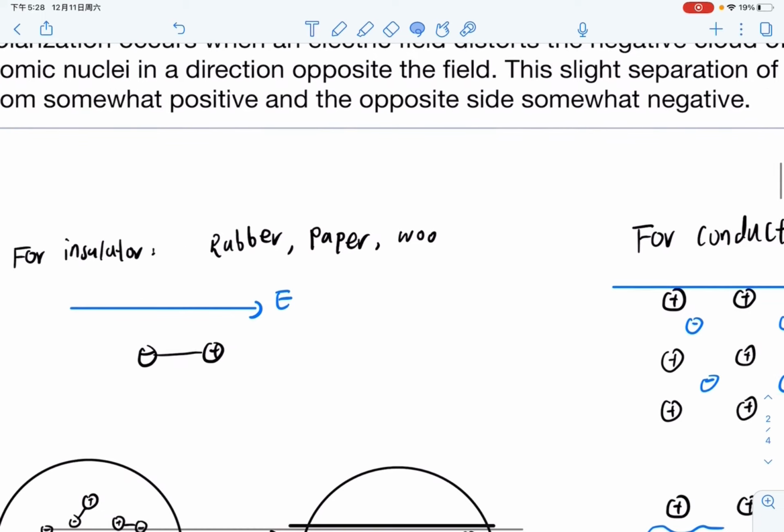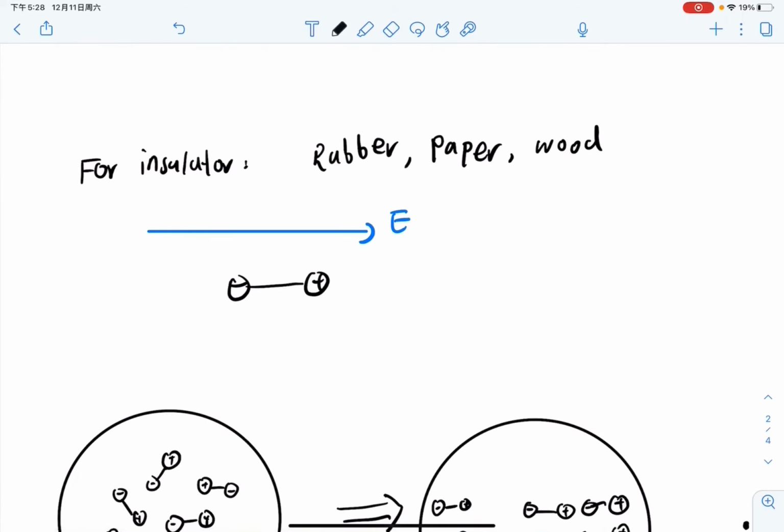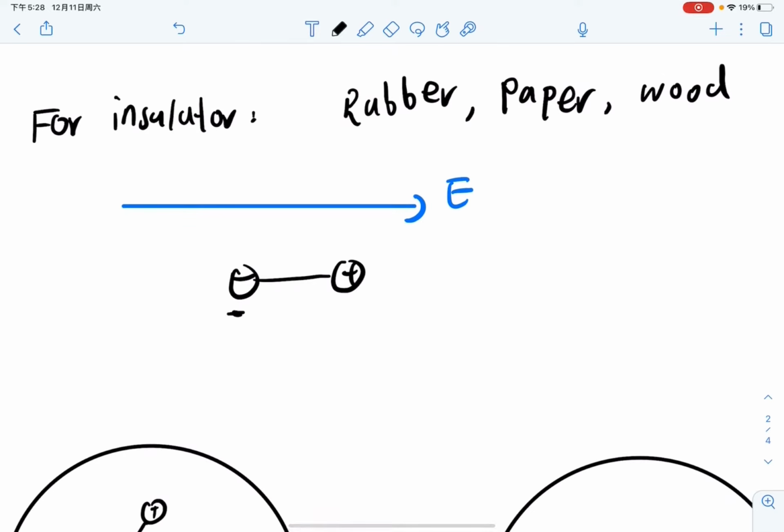And for insulators like rubber, paper, and wood, you can visualize polarization as a negative charged particle and a positive charged particle connected by a stick, or a spring.